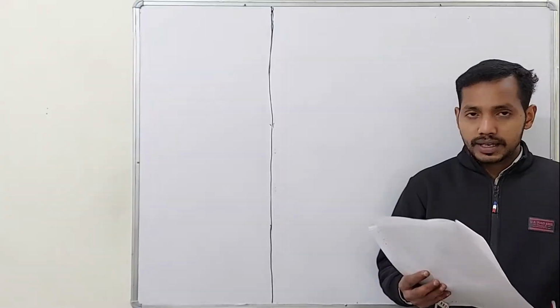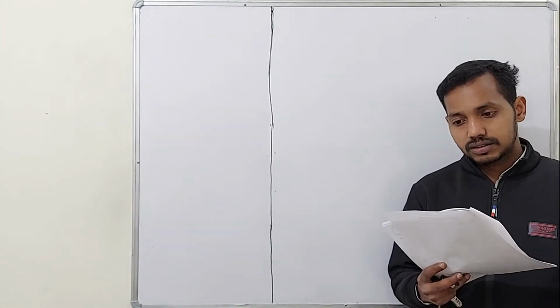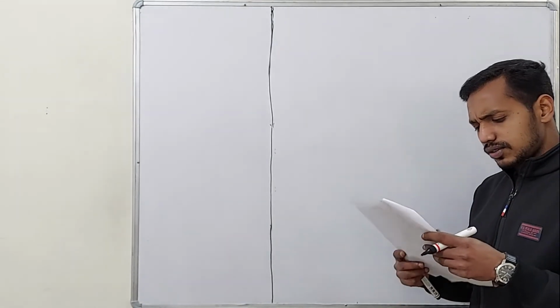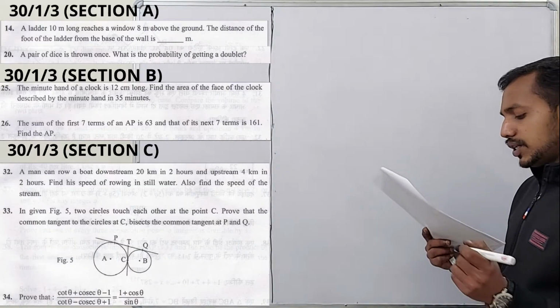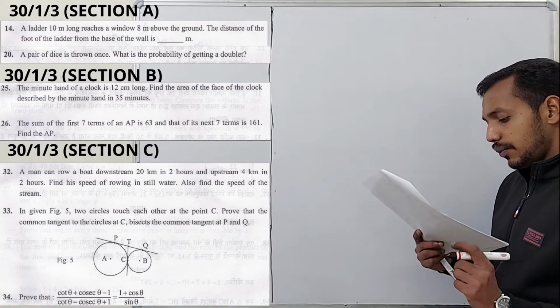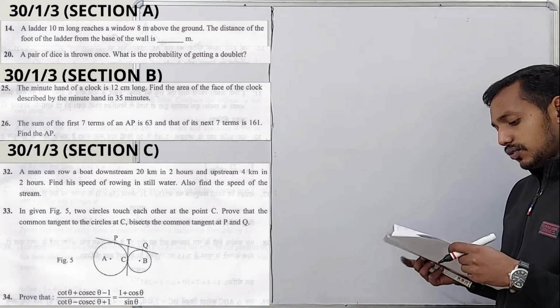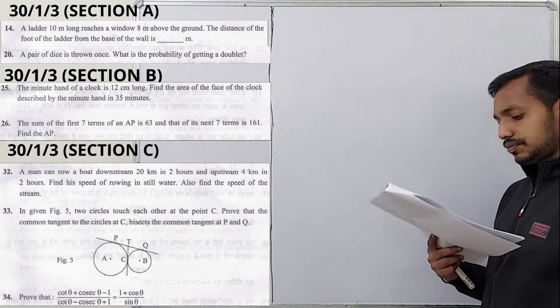Okay. Now we can discuss the questions which were asked in set 31.3. First, only a few questions are going to be discussed. A ladder 10 meter long reaches a window 8 meter above the ground. The distance of the foot of the ladder from the base of the wall is dash meter.